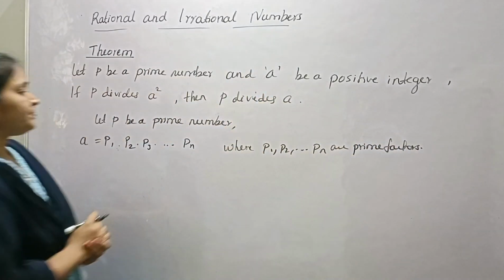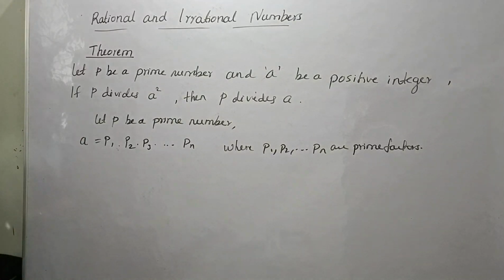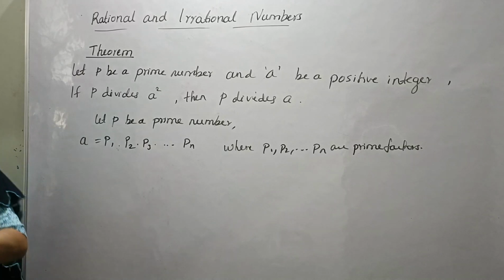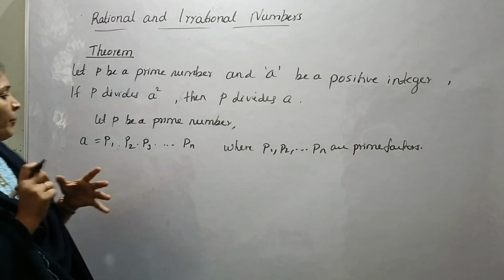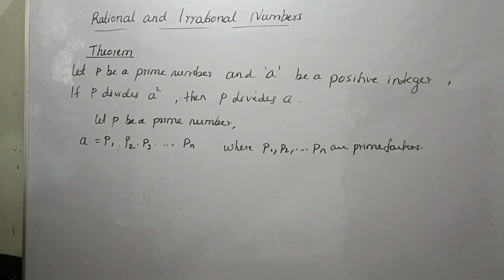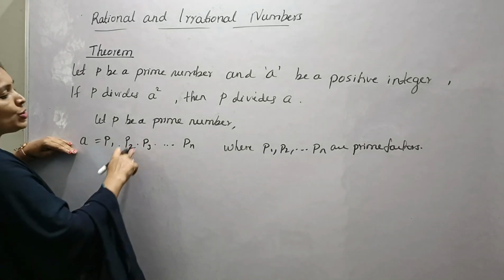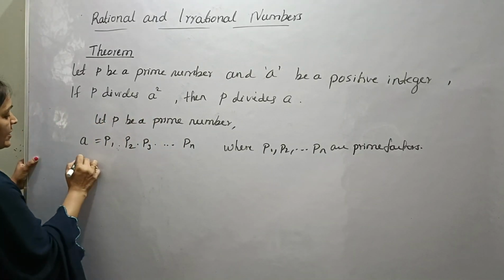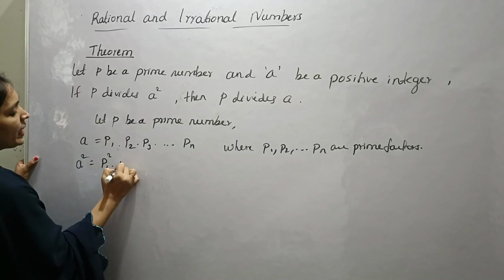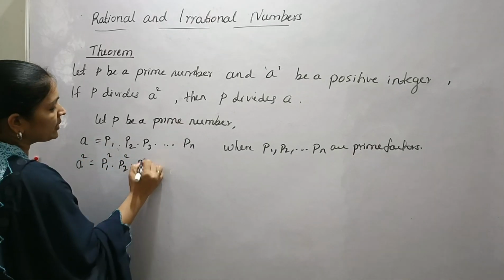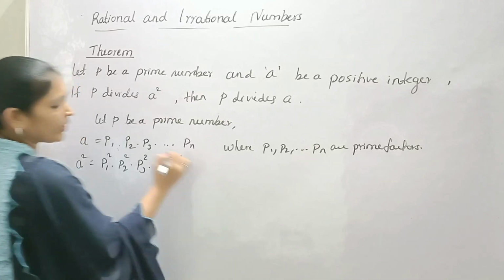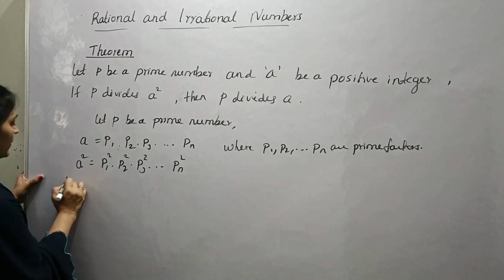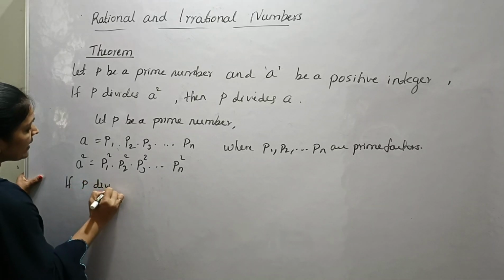Now it is given that p divides a square. What is a? p1 into p2 into p3 etc. into pn. What is a square? p1 square into p2 square into p3 square etc. into pn square. Right?